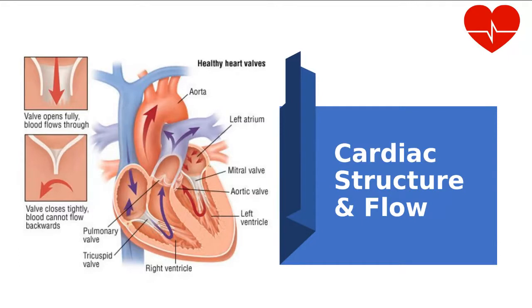Once you memorize the forward flow and you have that down, then I want you to work backwards from the aorta, going back down to the left ventricle, because when we're talking about valvular heart disease, most of the time, if we're not talking about stenosis, if we're talking about regurgitation, we're talking about retrograde flow that's going backwards.